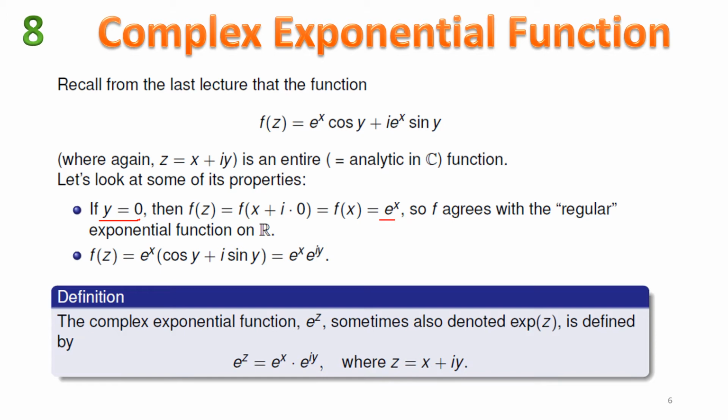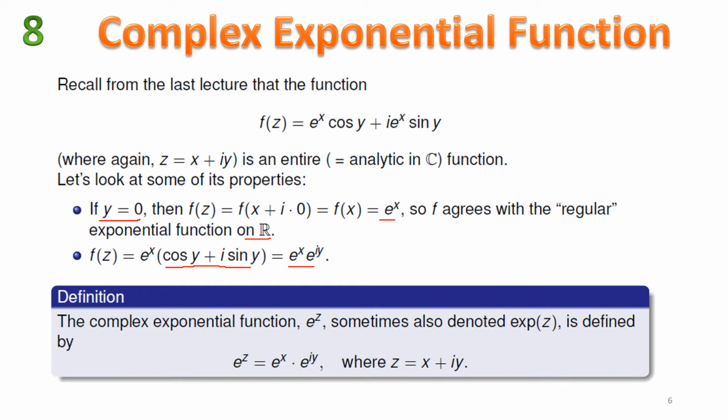So f agrees with the regular exponential function in the domain of real numbers. However, as I said, you can factor this, e to the x we can take common, and then this quantity cos y plus i times sine of y, we can write as e to the x into e to the i times y.